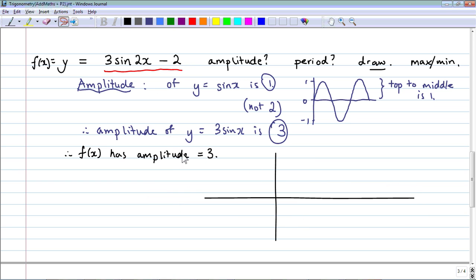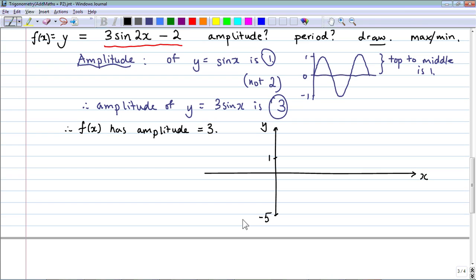Here's our graph, and I'll draw a little arrow there for the x-axis. Don't forget to label your axes. We know that it has amplitude 3, so it goes up 3 and down 3, but each point is subtracted 2, so the maximum, if you think about it, is not 3 but 1. And the minimum is -3 minus 2, or -5, down here somewhere.